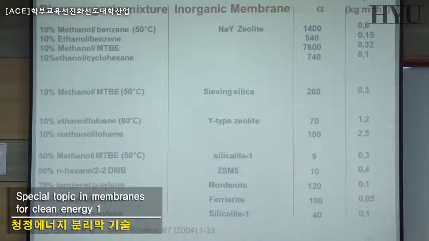So zeolite membrane has been used to produce ethanol in Brazil. In Brazil, you have a lot of biological resources, such as corn, and by fermentation, you can produce the ethanol, and this ethanol from the biological medium in the aqueous phase should be removed and concentrated to make the bioethanol.